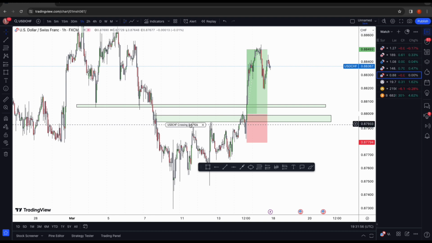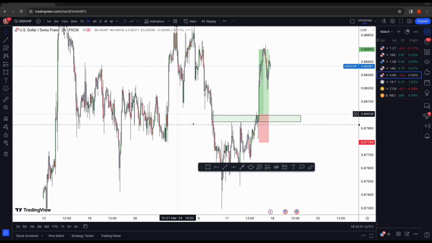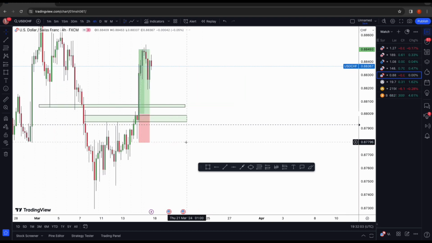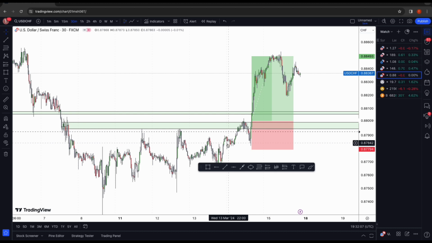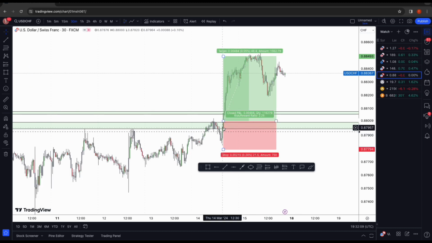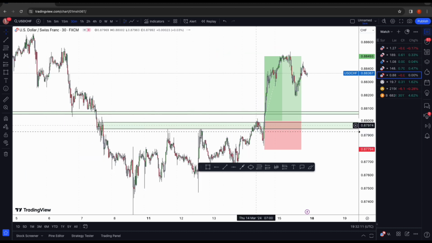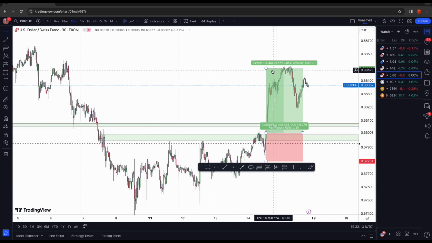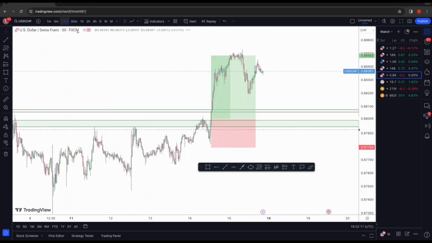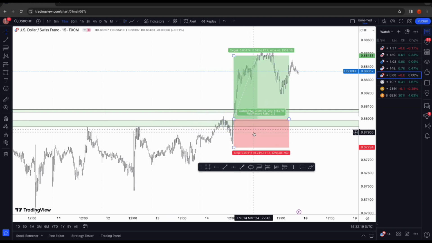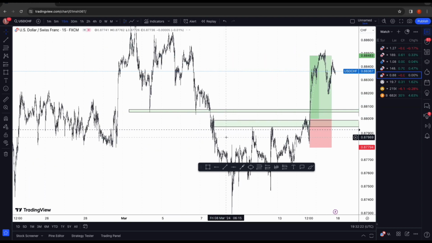This support level, it made it seem like it didn't want to break above it. But when this candle closed like this here, I thought it was a good opportunity for a buy, and I entered. And yeah, it's a good trade. Is it a 1 to 2 or 1 to 2.2?